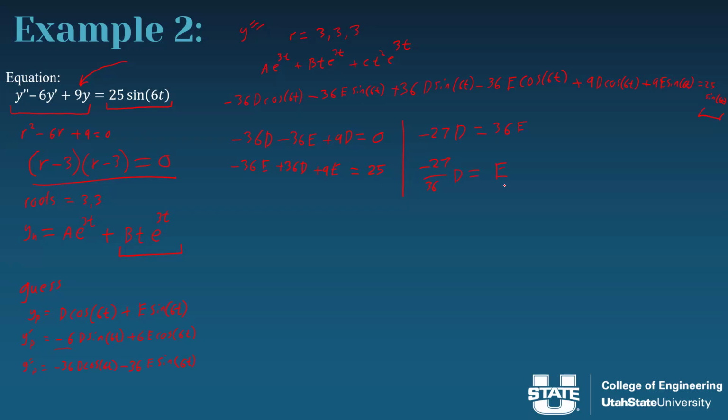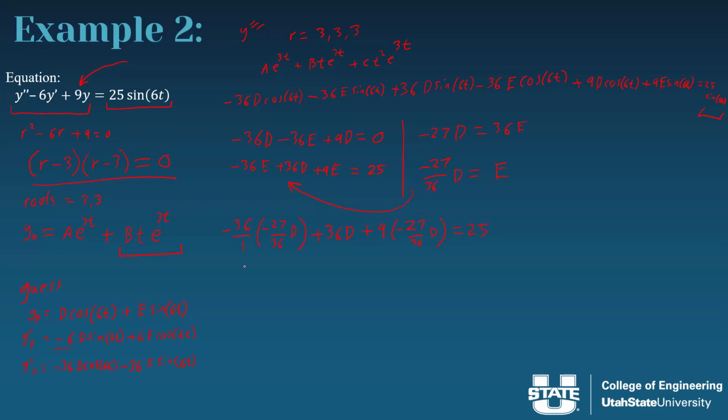Now we're going to substitute this into this other equation, just below here. So we're going to have minus 36e, but e is this minus 27 over 36d, plus 36d plus 9 times minus 27 over 36d is equal to 25.